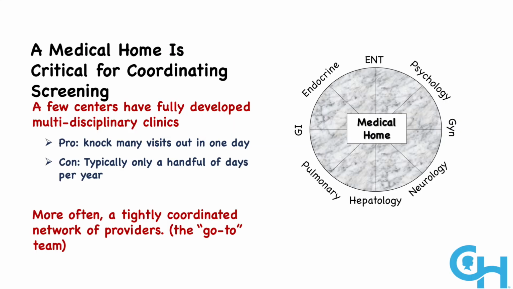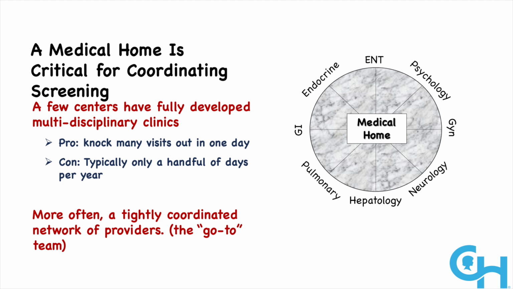All right, I talked about this, emphasized this earlier, and I'll emphasize it one more time. A medical home is critical for coordinating screening and making sure that we're keeping up with all the screening that's needed. Some centers have actually developed multidisciplinary clinics where you can see multiple subspecialists in the same clinic on the same day. And there's some advantages to that in that you can knock out visits in one day.